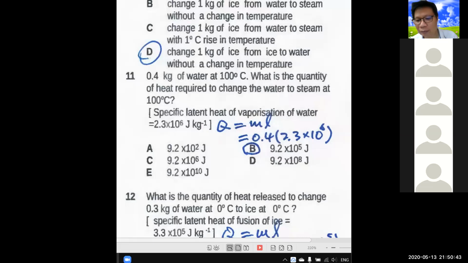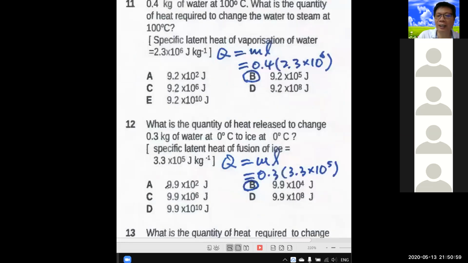Number 12. Oh, no answer. Zhao Xiang, what answer lah? Number 12. Hong Zhao Xiang. B. Yes, correct. Answer B. ML, mass times latent heat. Okay, so you get B.